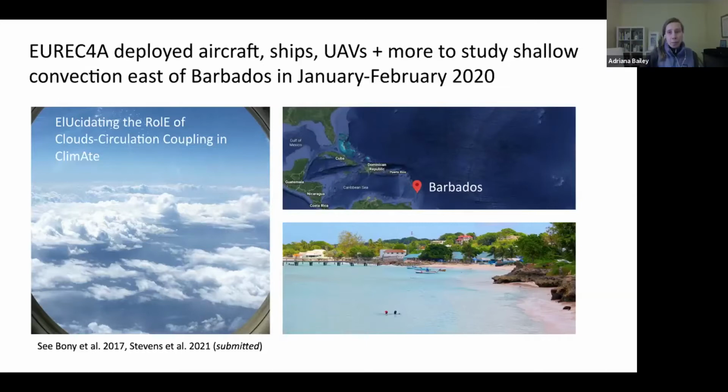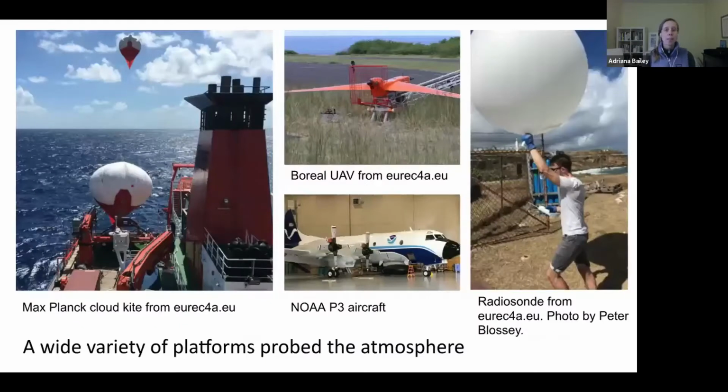Now, EUREC4A not only brought together scientists from a whole variety of continents, Europe, the United States, the Caribbean, it also brought together a wide variety of in situ sampling platforms and remote sensing sampling platforms, both to look at the atmospheric conditions and also to look at the atmosphere-ocean fluxes. Right here on this slide, I just have a few of the in situ platforms that were used on the atmosphere side.